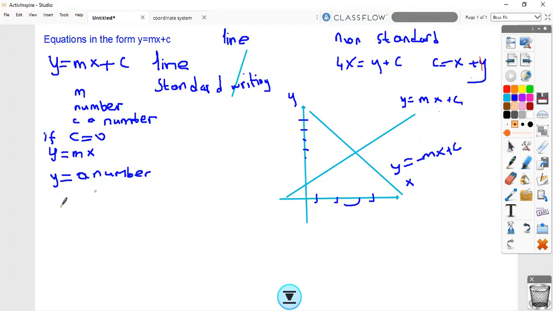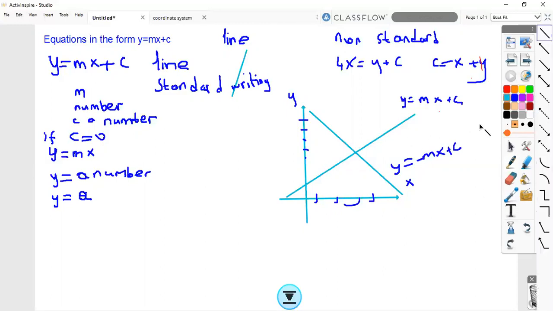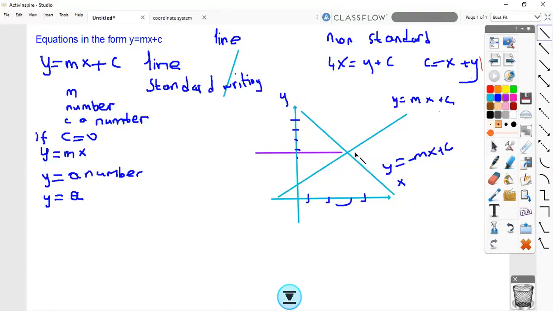Let's say I am going to write y is equal to a here. Then the graph of y is equal to a will be a horizontal line like this one.